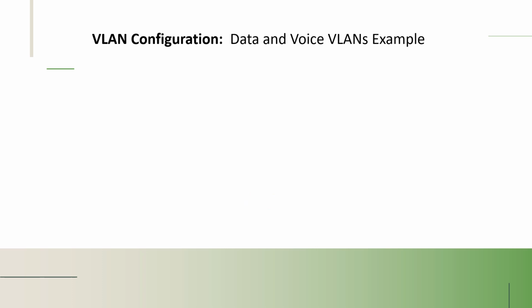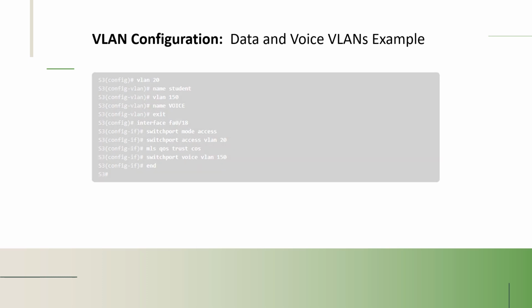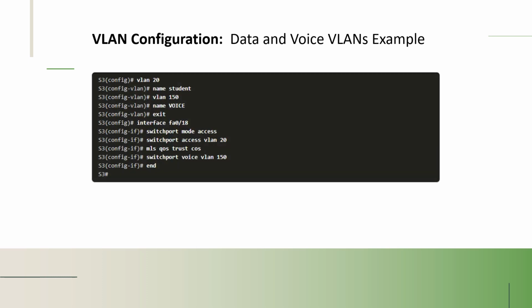When a LAN will support voice traffic, it will typically also have quality of service enabled. Voice traffic must be marked as trusted as soon as it enters the network. The configuration for the two VLANs from the previous slide is listed here.